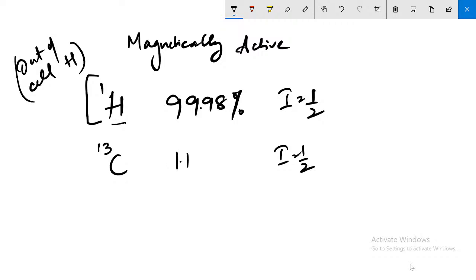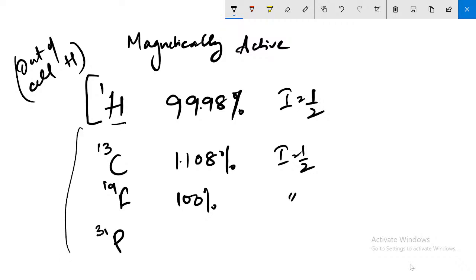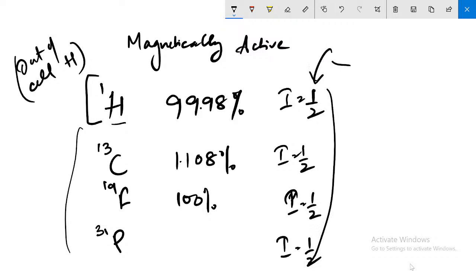I am also writing the natural abundance for these nuclei. There are other nuclei which can also be magnetically active, but the nuclei with I equal to half are more important. Why they are more important, we will be discussing in a short time.